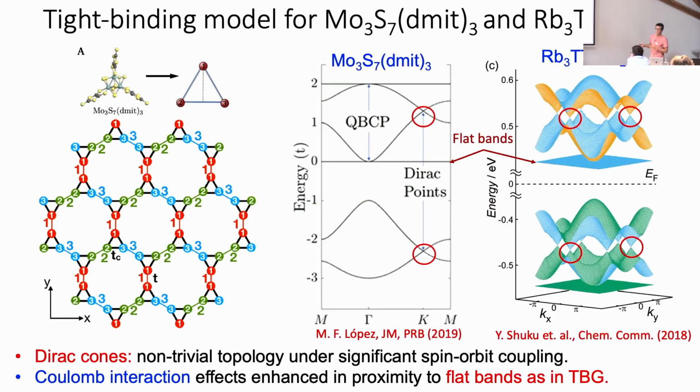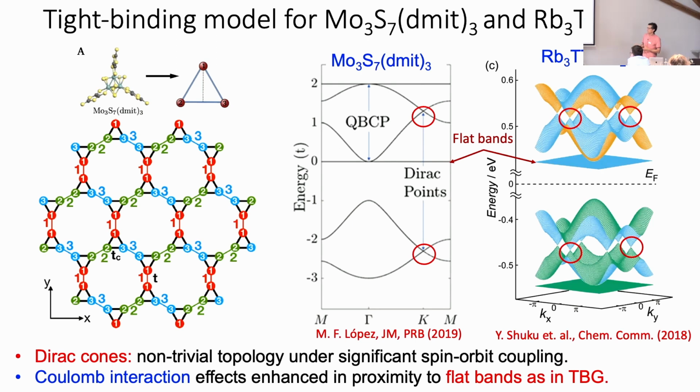If you just do a naive tight binding model on this decorated honeycomb lattice, you would find that they are very interesting because they have Dirac points, they have flat bands.